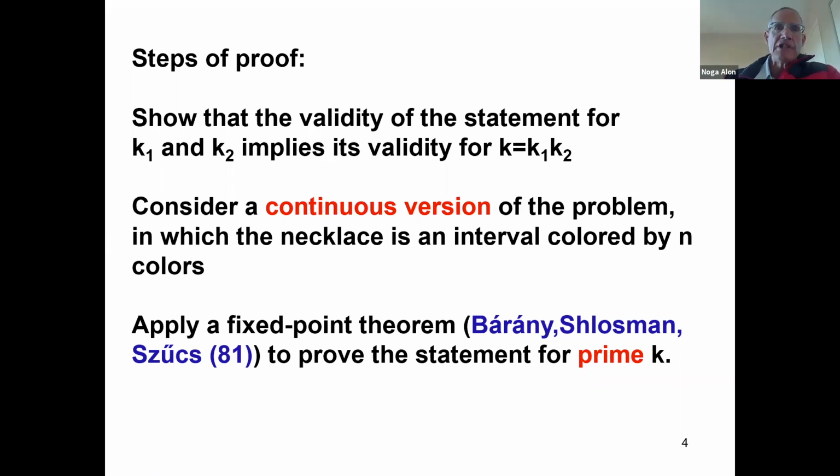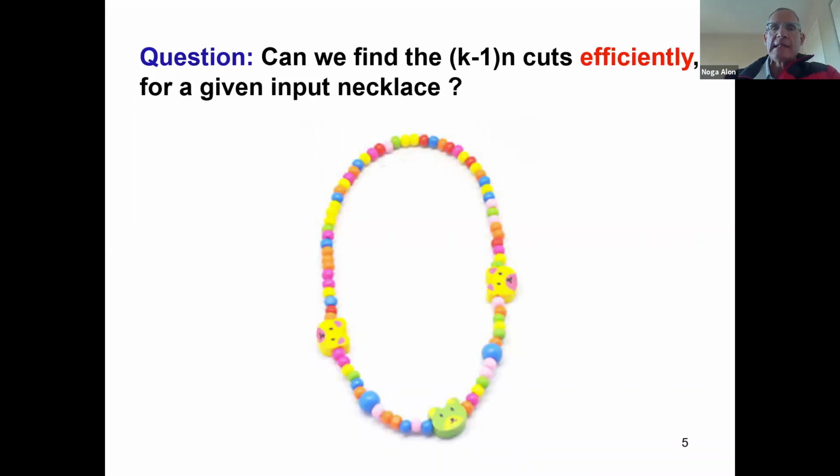And one feature of the proof is that it's not constructive. It does not provide an efficient algorithm for finding the k-1 cuts that we know exist. It is a question that intrigued me for a long time: can we find these k-1 cuts efficiently for a given input necklace?